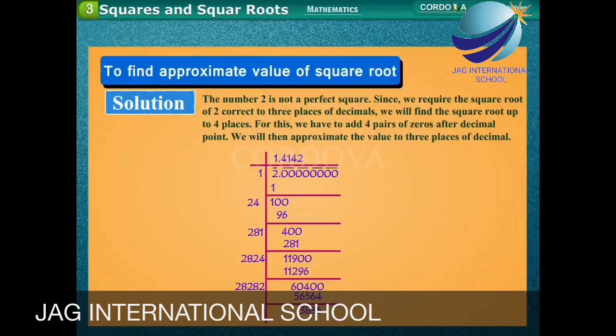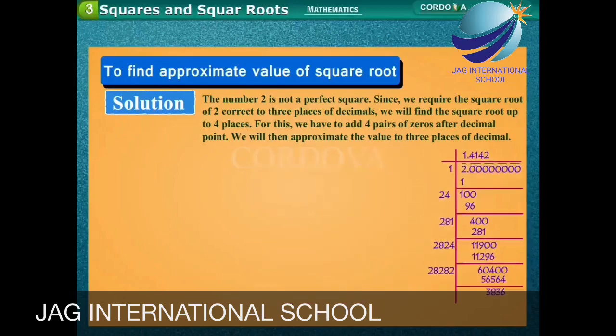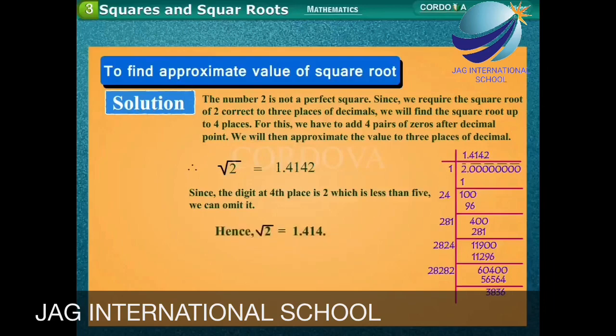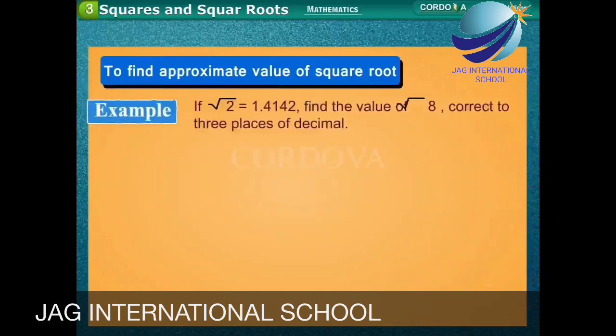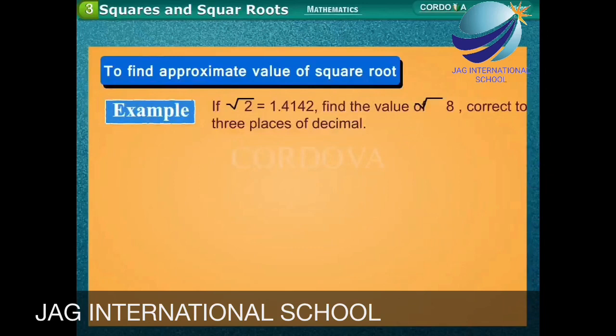Therefore, under root 2 is equal to 1.4142. Since the digit at 4th place is 2, which is less than 5, we can omit it. Hence, under root 2 is equal to 1.414.